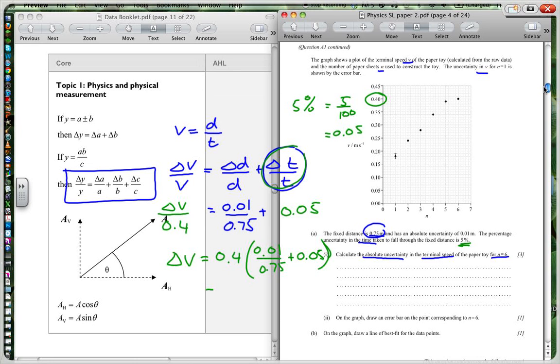And when you put that into your calculator, you will get 0.025 meters per second. That's this value over here. So I've done the working over there.